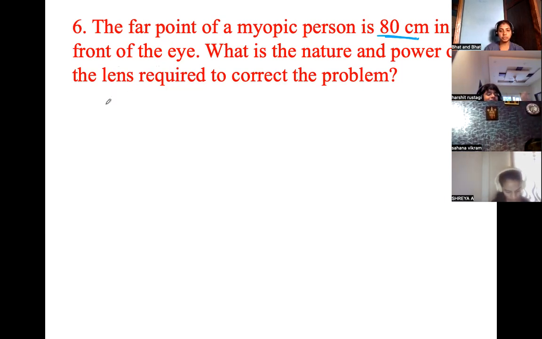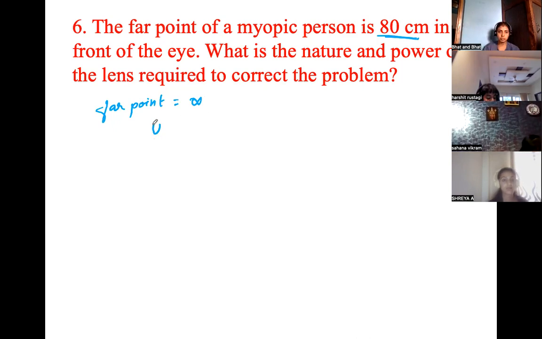Far point should be infinity, correct? So for normal vision, far point should always be infinity. So you can say the object distance u should be equal to infinity.